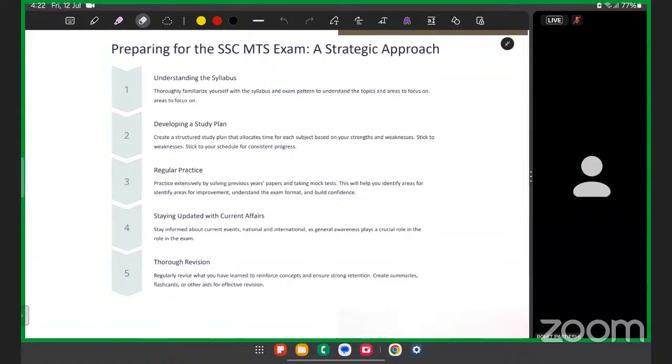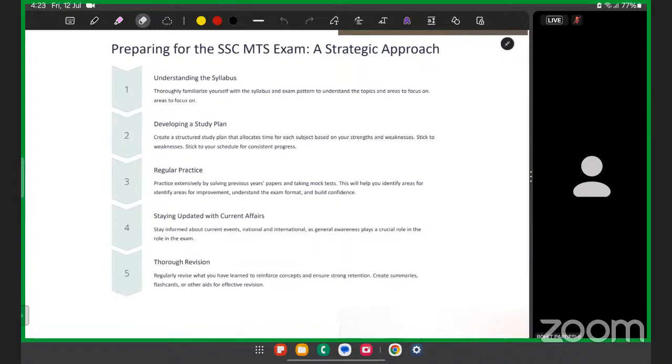The next section is English. In English, you again have 25 questions both in CGL and MTS. In CGL, each question carries 2 marks, while in MTS it is 1 mark. The level of English in CGL is much higher as compared to MTS, because the job demand is such. In CGL, you'll be auditing things, administering things, talking to people, handling the team.